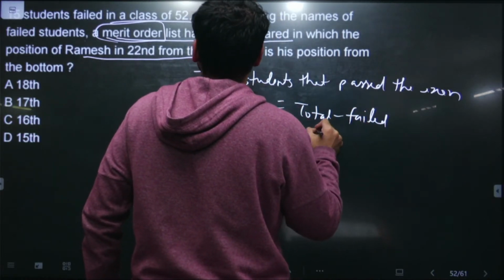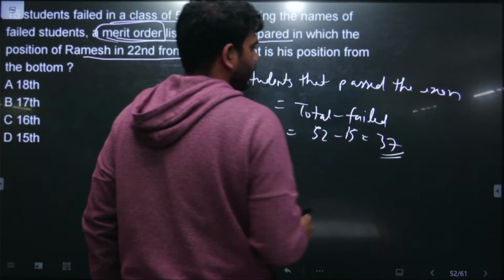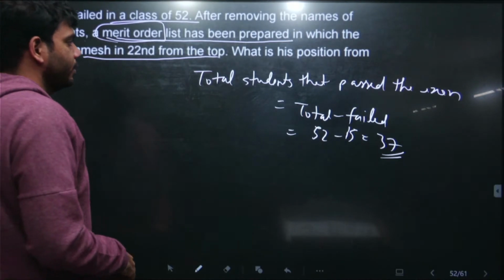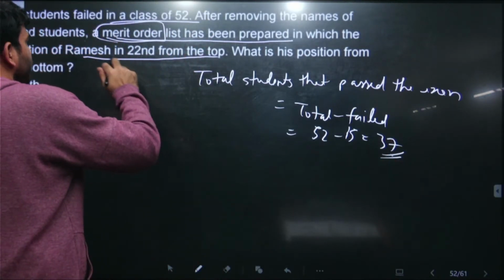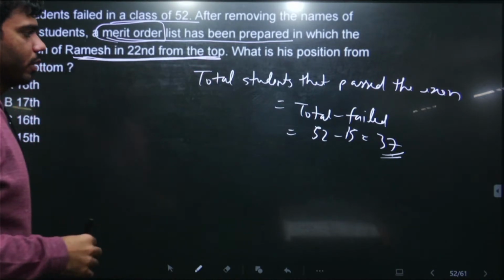Total number of students is 52 and 15 failed the examination. So there are 37 such students that passed the examination, and out of 37 from the top the position of Ramesh is 22nd. So what is the position of Ramesh from the bottom?